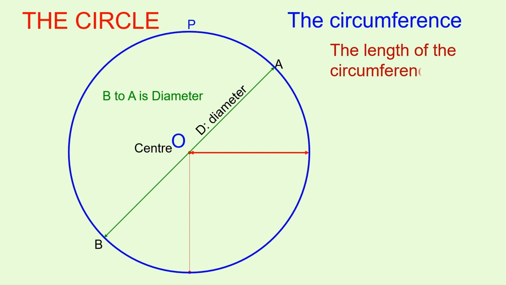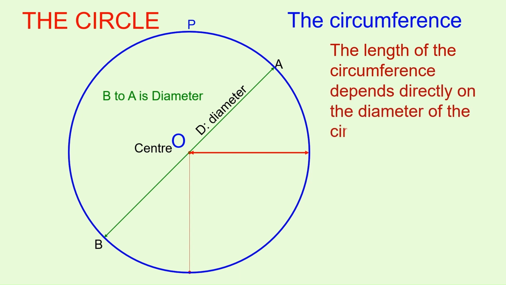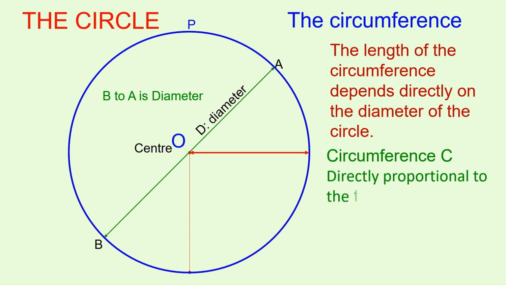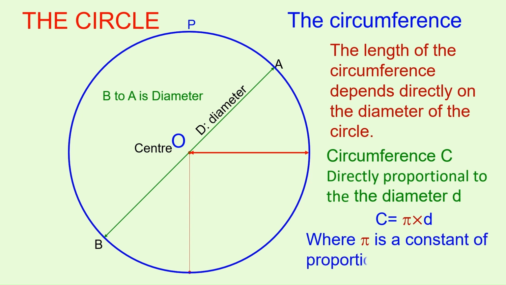The length of the circumference depends directly on the diameter of the circle. Circumference C is directly proportional to the diameter d. C equals pi times d, where pi is a constant of proportionality.